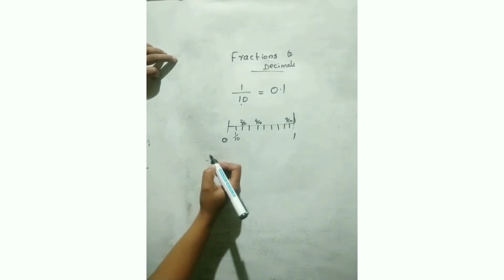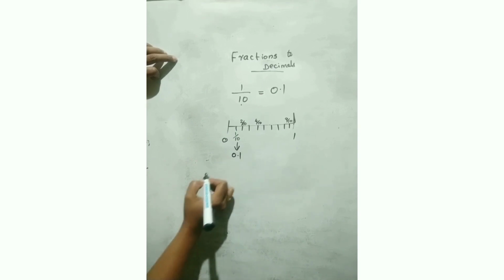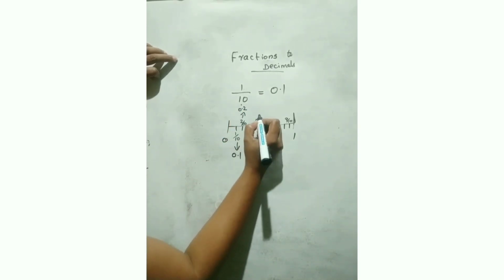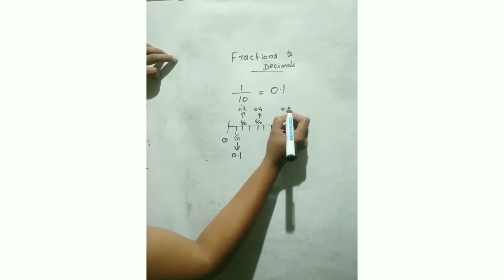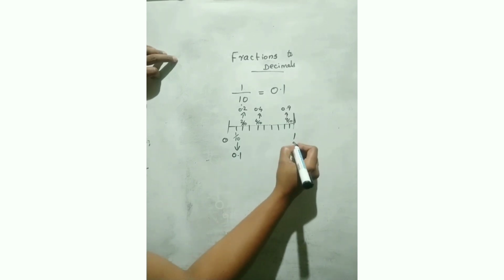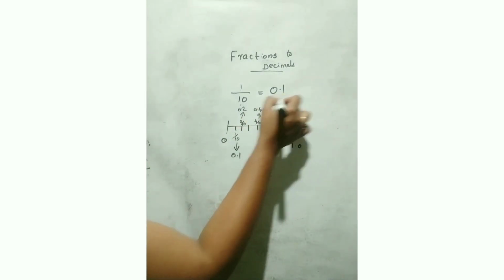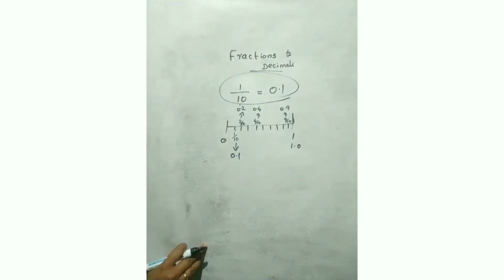And in the decimal form, we know that 1 on 10 is equal to 0.1. This will be 0.2. This will be 0.4. And here this number will be 0.9 and so on. Here this will be 1.0. Clear? So we can write 1 on 10 equal to 0.1.